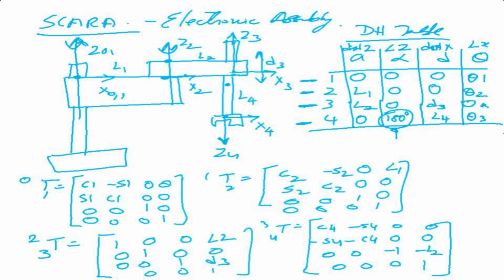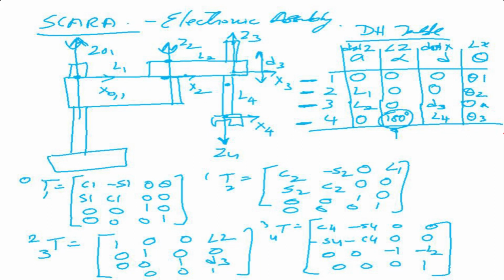Now this is the second one. The third is a prismatic joint. So theta is equal to 0, it doesn't move, and there is no theta there. What is the distance between the z-axes? This is L2. It is L2. What is the angle between the z-axes? It is 0. What is the distance between the x-axes? Now when this goes up and down, the origin of the third axis will start going up or down.